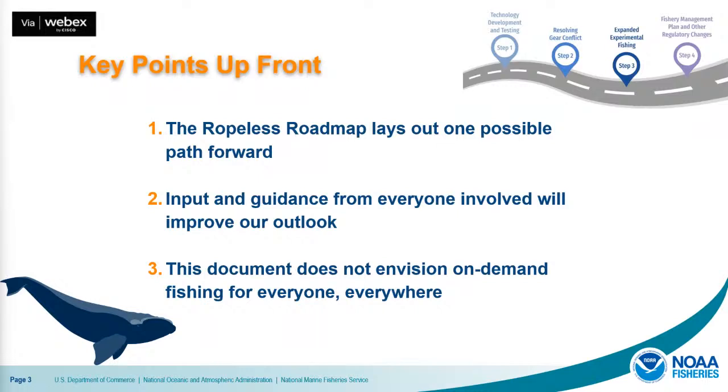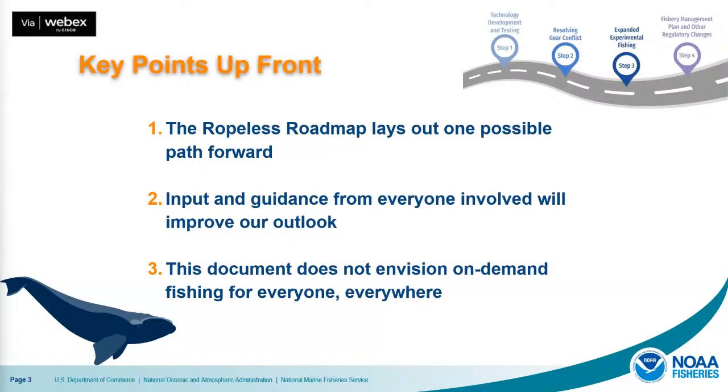But before I go into the document itself, I would like to just cover a few key points up front. The first is that in drafting this document, we have laid out one possible path forward based on the current state of the technology, the current level of testing and experimentation that we've been involved in at the Northeast Fisheries Science Center. But we acknowledge that there are many ways that this situation can progress.